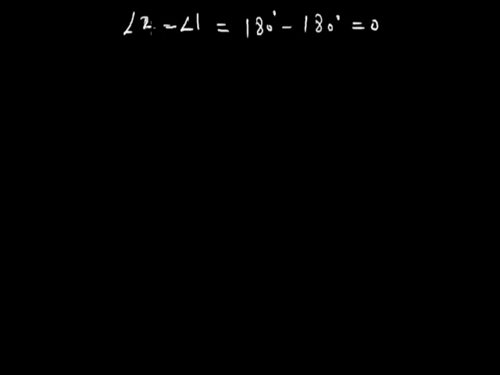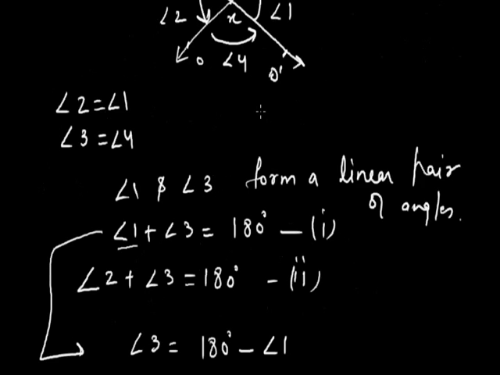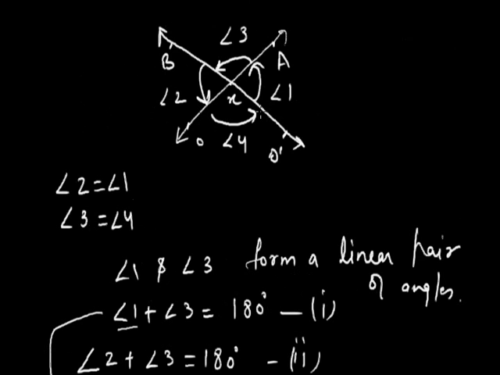This implies angle 2 minus angle 1 is equal to 0. If something is subtracted from anything and it gives 0, that means that something is equal to that anything, meaning angle 2 is equal to angle 1. So we have proved that the pair of vertically opposite angles, angle 1 and angle 2, are equal.